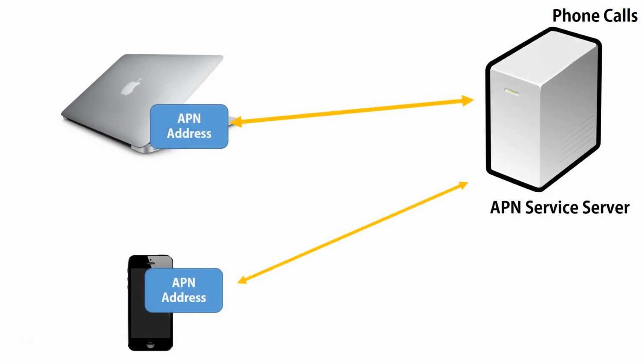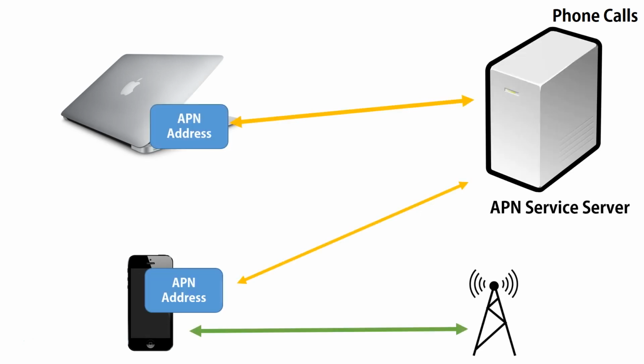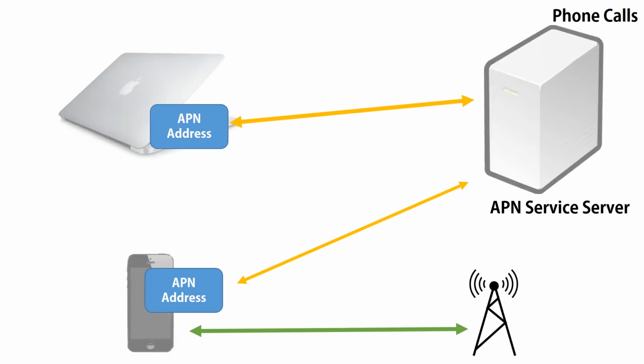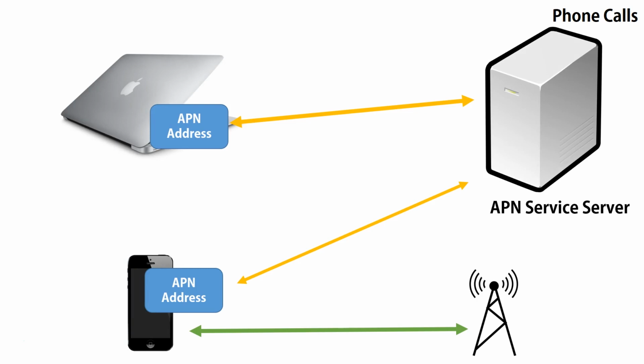So you can make and receive phone calls through your MacBook, provided it's connected to your phone, and it doesn't have to be physically connected. Again, it uses the APN service, so when your phone connects to a cell tower, if it receives a call, the phone can advertise that phone call through the APN service, and you can answer it on your MacBook or on your iPad.